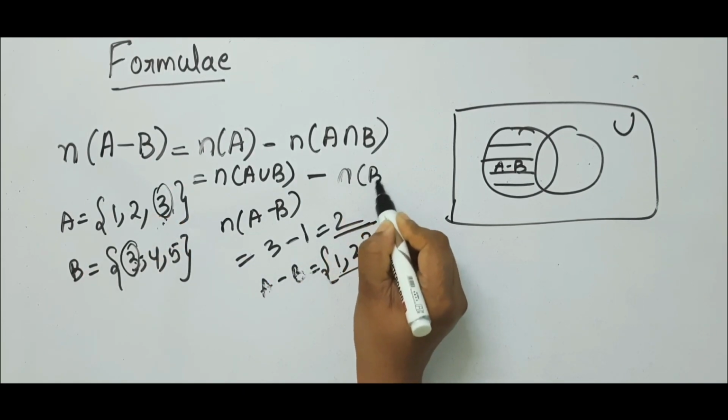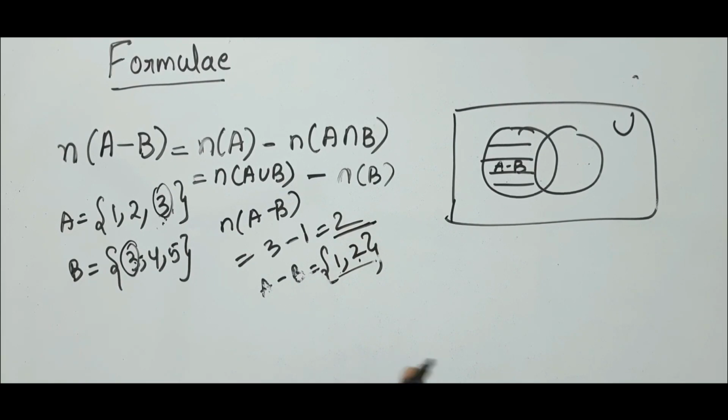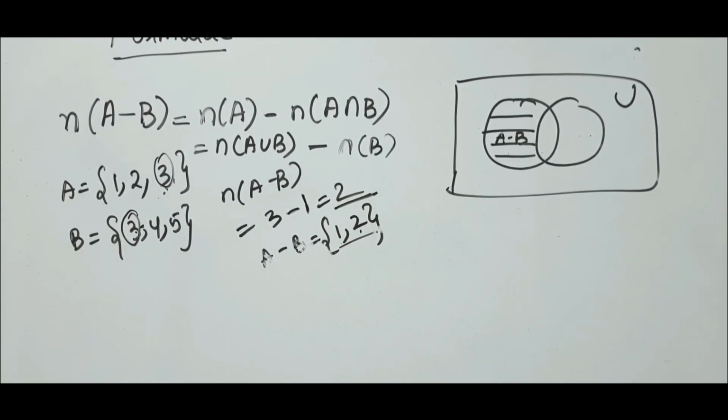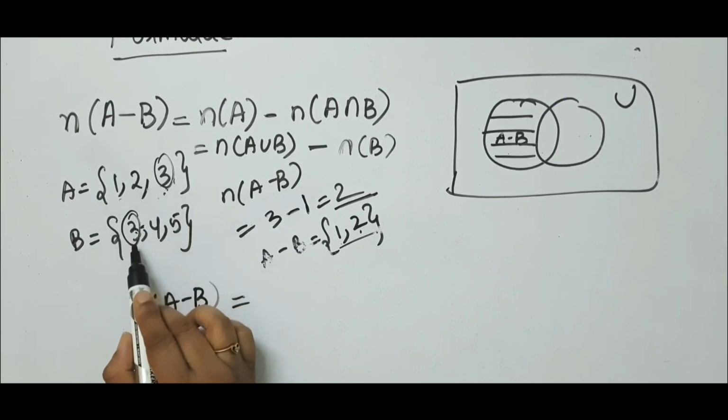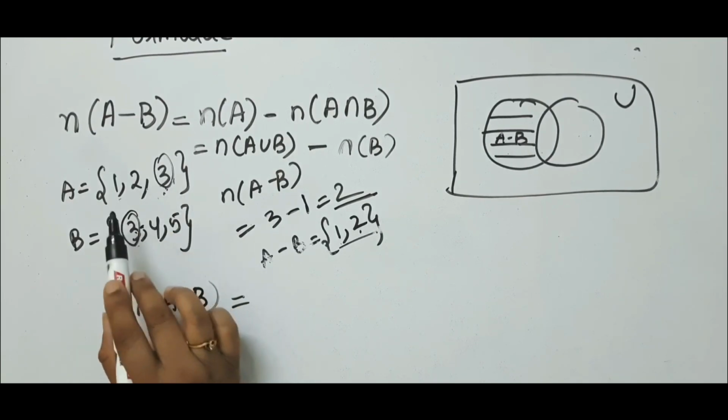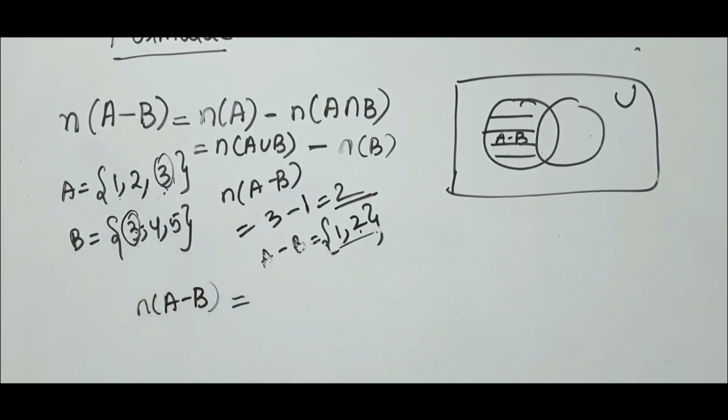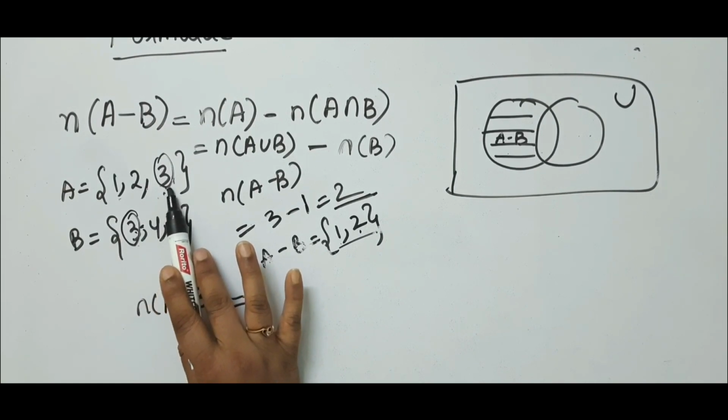Okay. If you want to do it using the sets, just count the number of elements of A and B. 1, 2, 3, 4 and 5, because we already counted the common element. Is it not?